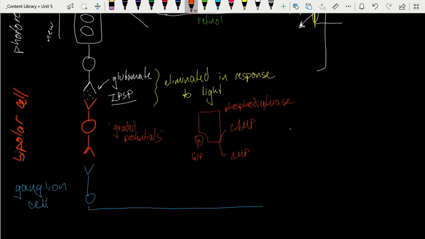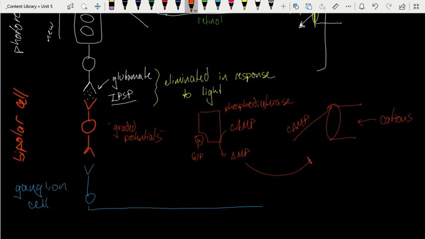And over here we had cyclic AMP that was bound to a channel that was letting in cations. And of course the AMP is going to come around and block that. So in this sense, depending on the amount of cyclic AMP, we can increase or decrease the amount of cations. This is what gives us a graded potential rather than the all or nothing action potential associated with voltage gates.